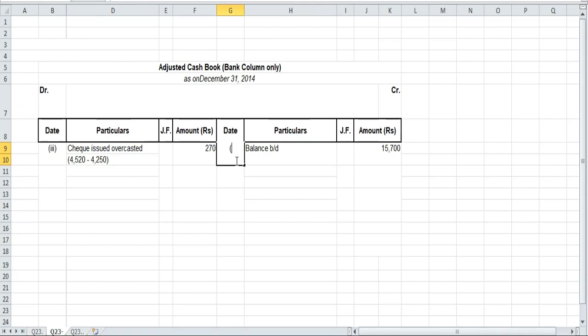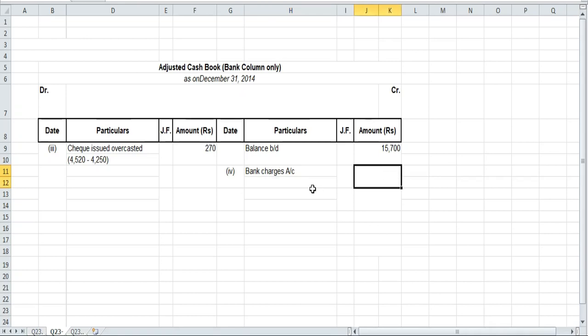Okay, we know. So we'll write here, this is number 4, and we'll write here bank charges. Okay, bank charges account.